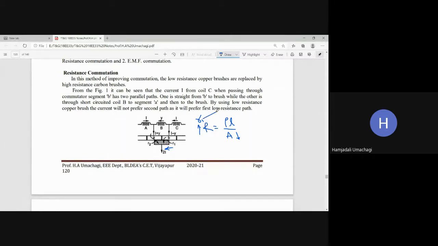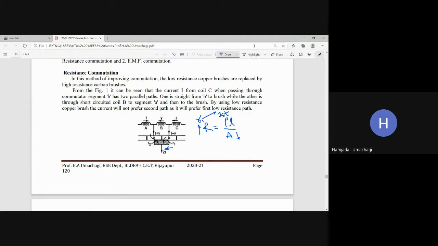So resistance R1 is increasing, means is it the first path or the second path? First path. So the first path resistance is increasing here. But at the other side, the area is increasing.